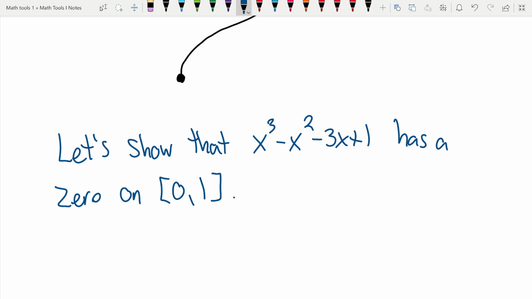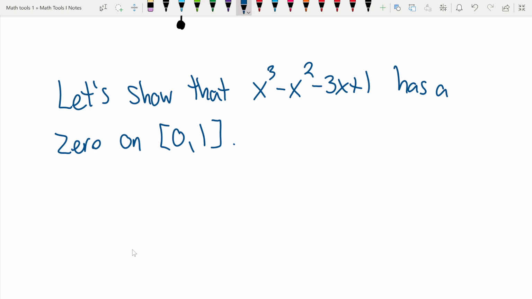And this is helpful because we often need to know that a 0 exists, and then we can maybe employ a different kind of algorithm like Newton's algorithm, which involves calculus, to find that 0 for zeros that aren't so easy to find. So what this means is that we need to show, okay, let's call this f so that it makes sense when we talk about f of 0.